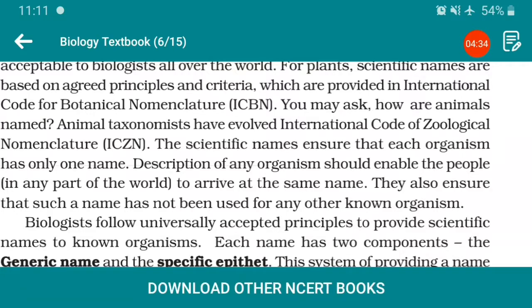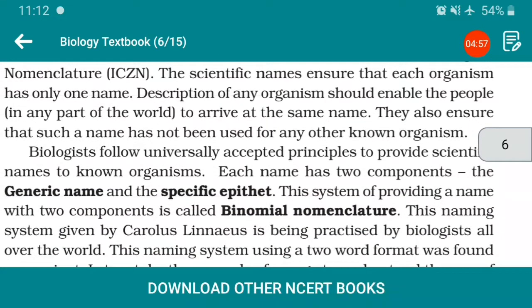If that name is given scientifically by ICBN or ICZN, the name Homo sapiens will not be given to any other species. So that is specific for each and every organism.